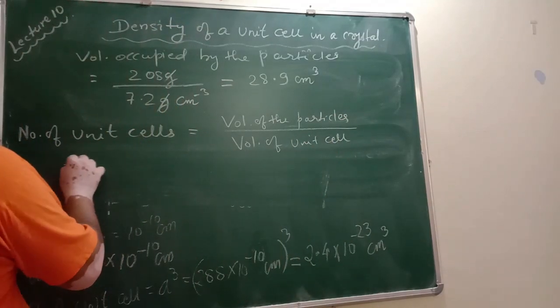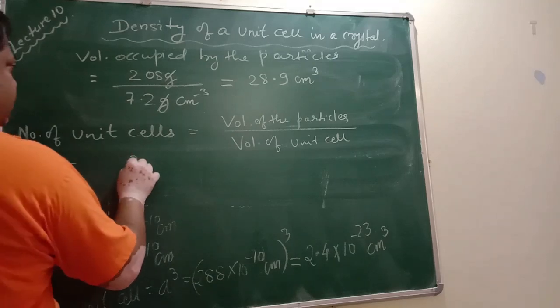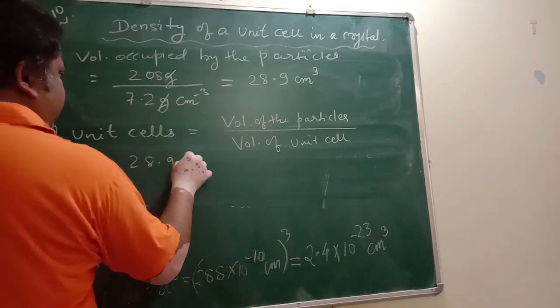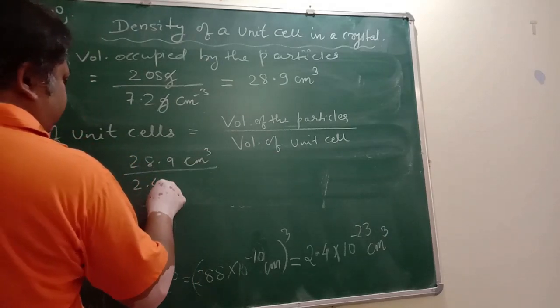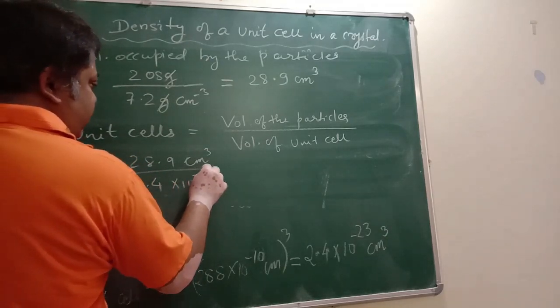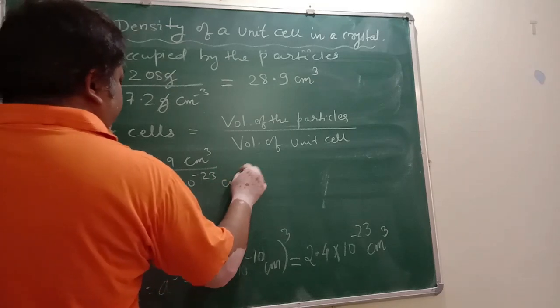So it will be equal to 28.9 centimeter cube divided by 2.4 into 10 to the power minus 23 centimeter cube.